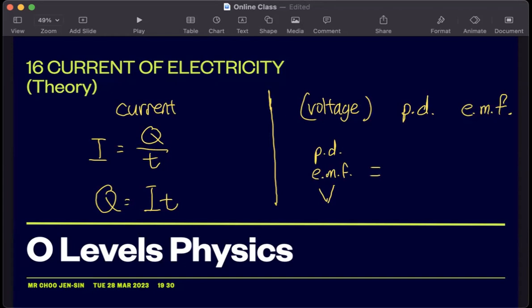So in this case, you can use work done divided by the charge, or you can use energy divided by charge. Either one is fine. So these are the two formulas that you learned last week, and this week you're going to learn another two more.